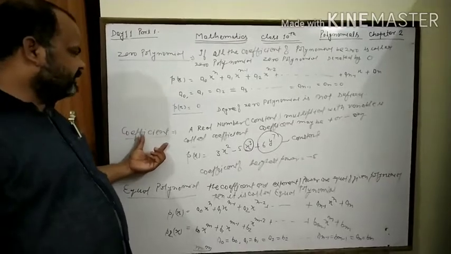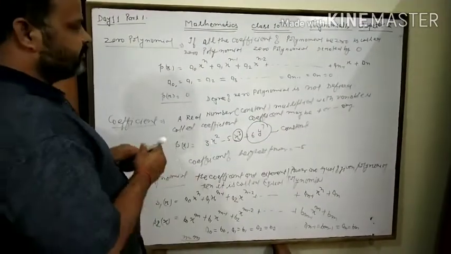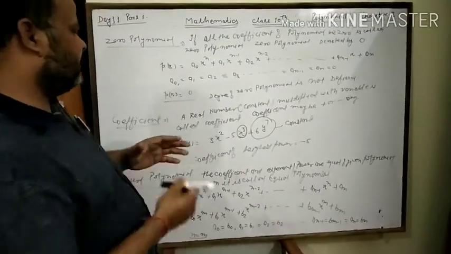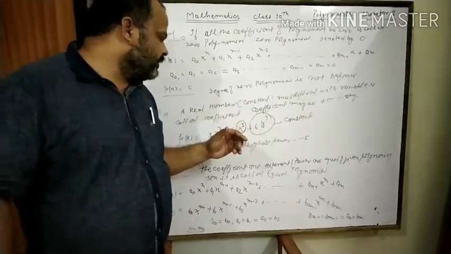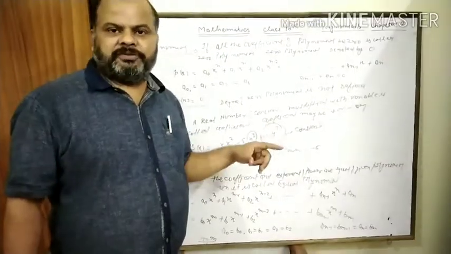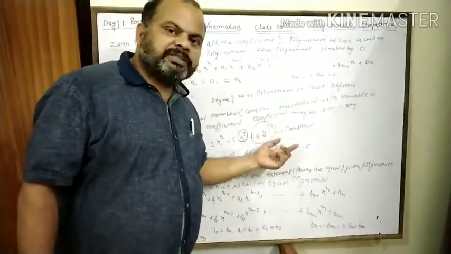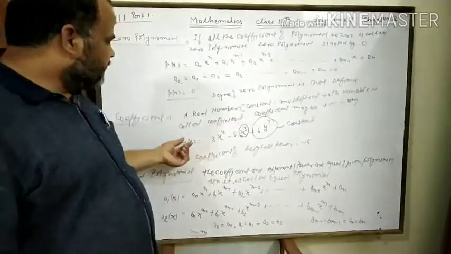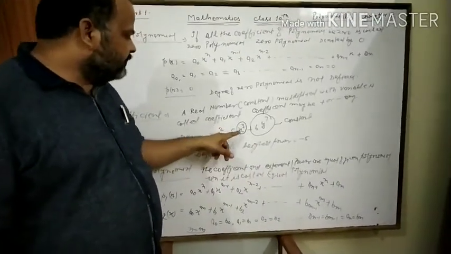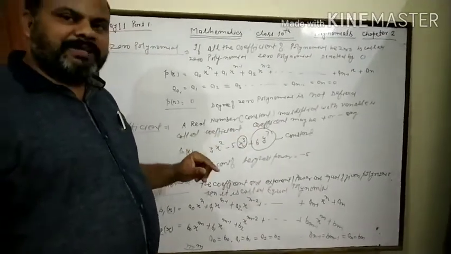Clear? A coefficient, you know, is a real number multiplied with the variable. A coefficient may be plus or minus. If anyone asks what the sign of the coefficient is, you say the sign is either plus or minus. In the same way, in this example our question is what is the coefficient of the highest power?